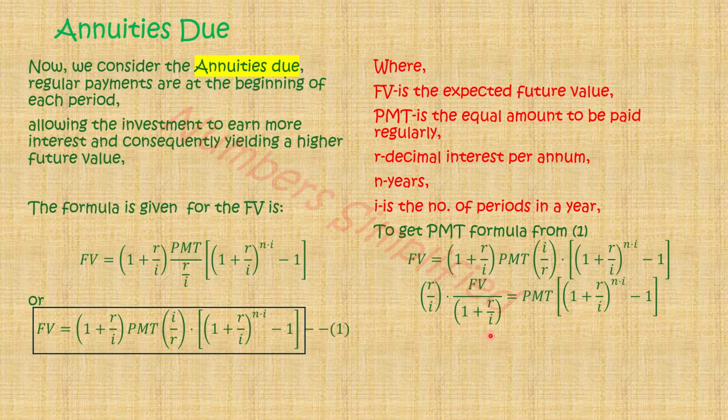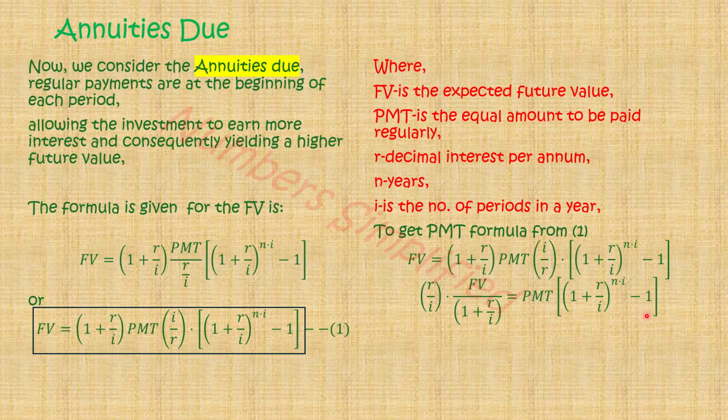But on the other side, it would appear as R over I, because that is one way of doing it. So now we have this chunk on the left-hand side, and we still have in the square brackets or pair of parentheses a part that is multiplying with the PMT, which is a variable of interest to us.